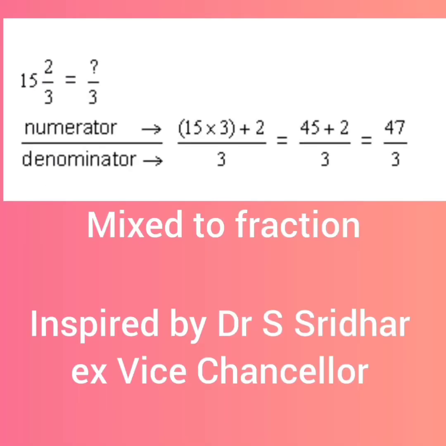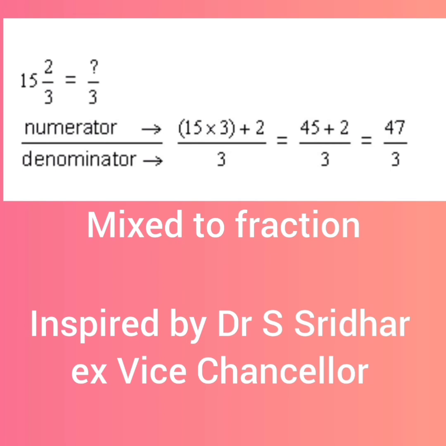Consider this example. This is also an example of how to convert a mixed number to a fraction. The mixed number is given as 15 2 by 3, which you have to convert to p by q form, where p is question mark and q is equal to 3. Now the numerator you can write in the form 15 into 3 plus 2, all divided by 3.